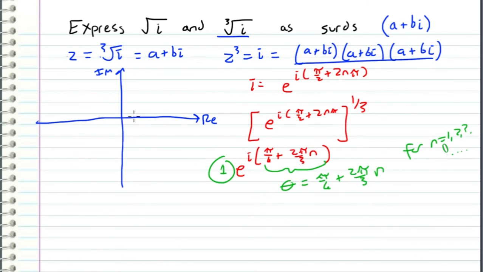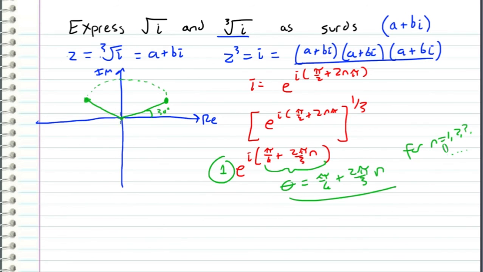For n equals 0, I come out a distance of 1 at an angle of pi over 6, or 30 degrees, right here. Now I can evaluate theta for n equals 1. I just add 2 pi over 3, or 120 degrees, from where I am. So this rotates 120 degrees to right here.